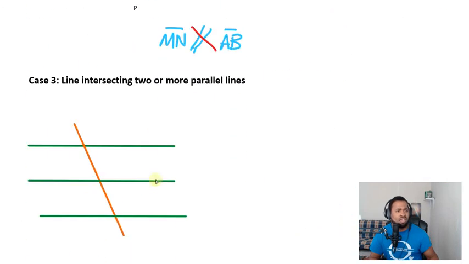And case number 3 is when you have 2 or more parallel lines that are intersected by a transverse line. So take note that the orange line here is considered to be the transversal line because it touches more than 2 lines in this particular space. And take note that the 2 lines or more that it touches, they are parallel.